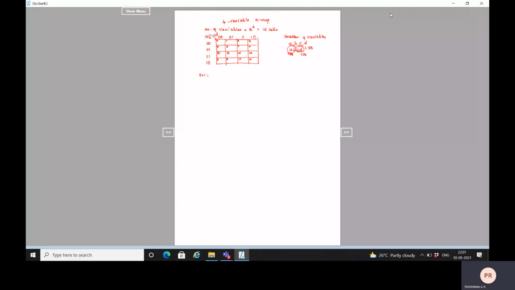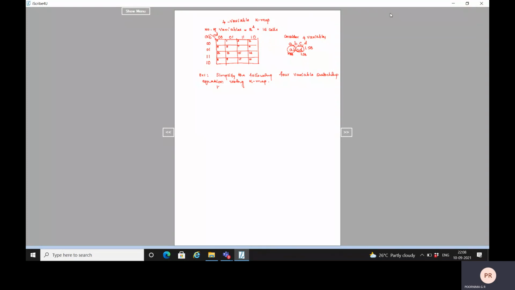Through example 1, simplify the following 4-variable switching equation using K-map, that is Karnaugh map.